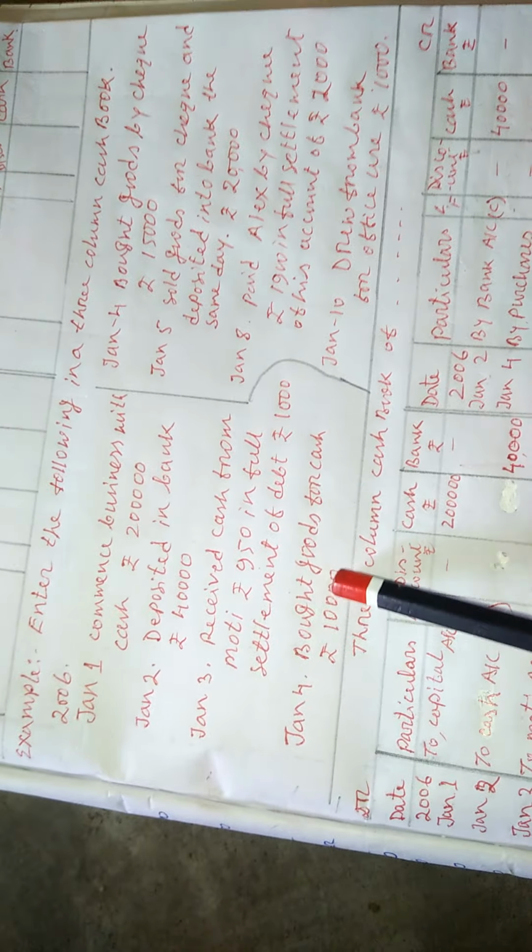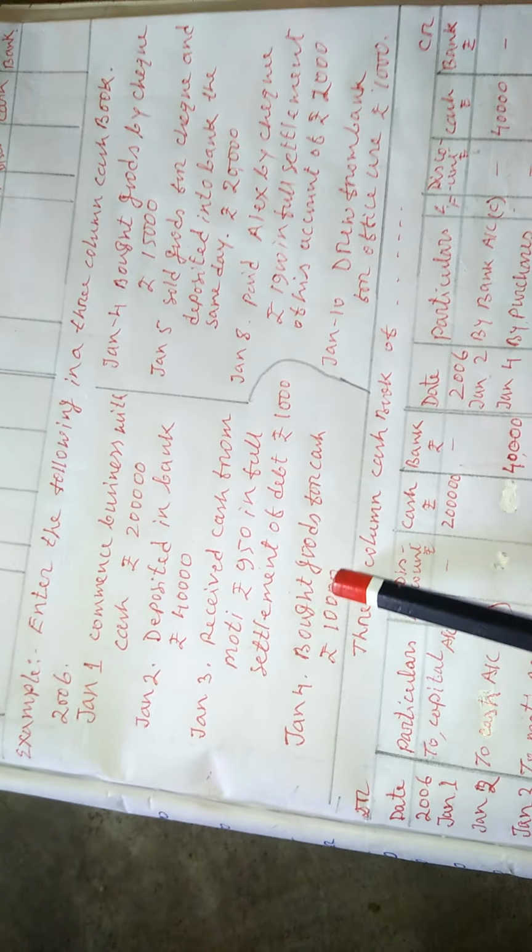So payment side, January 8, you see, by Alex 1,900, it will show decrease in bank balance since we have paid by check, and whatever amount we have not paid, that is our discount received. So 100 is there, it is not mentioned but you have to calculate. See, 2,000 minus 1,900, so it is 100, it is a discount we have received. So in the credit side, discount received column, 100 recorded.